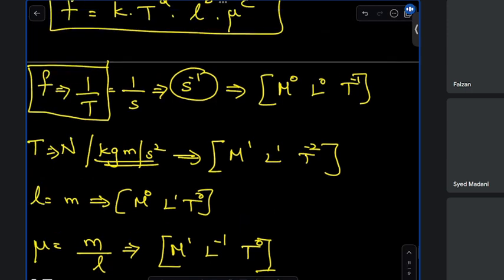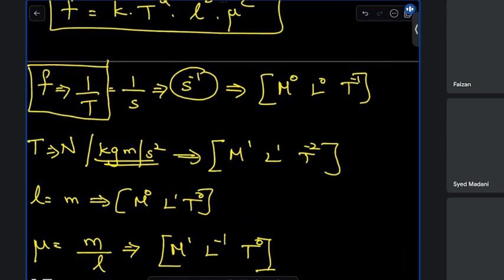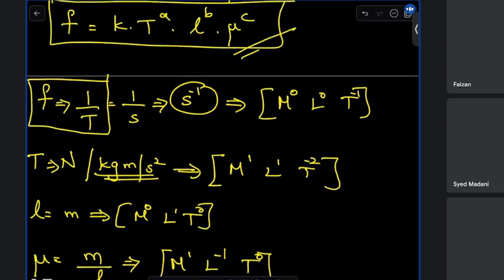Now you wrote all the dimensions: one on the left hand side and three on the right hand side. Combine them together in this form of the equation.